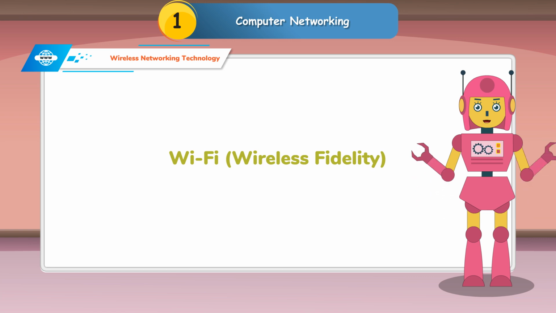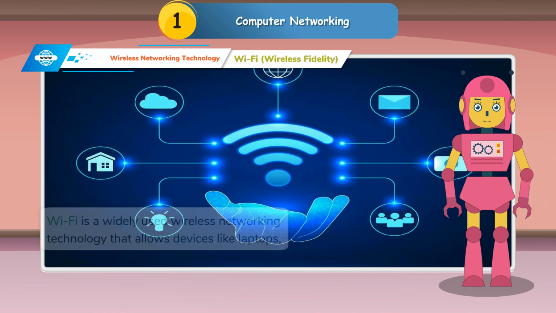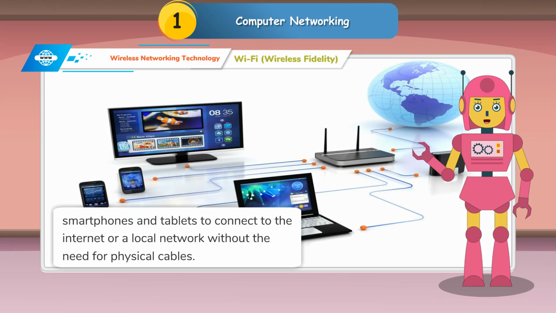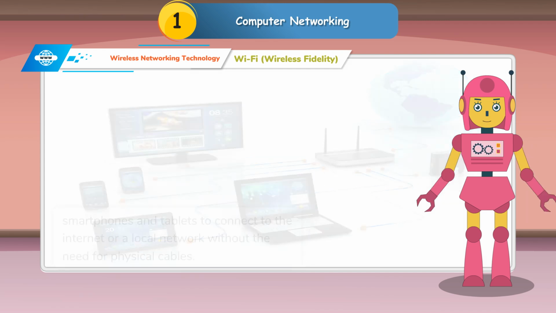Wi-Fi, wireless fidelity. Wi-Fi is a widely used wireless networking technology that allows devices like laptops, smartphones, and tablets to connect to the Internet or a local network without the need for physical cables.